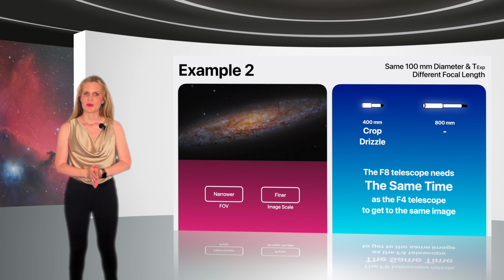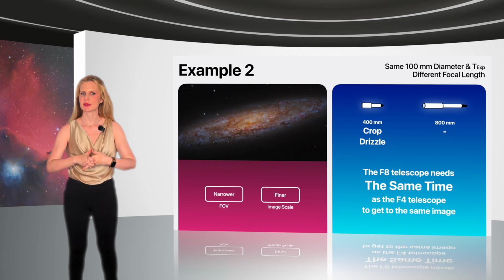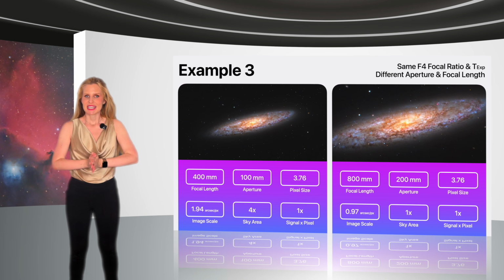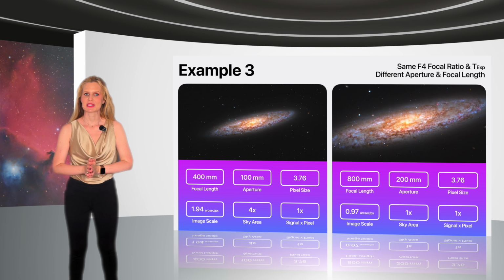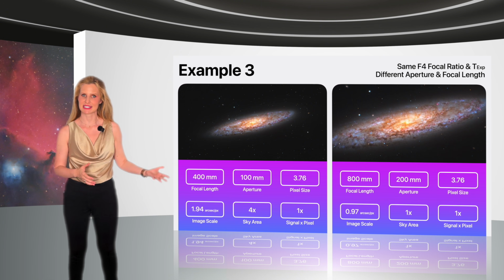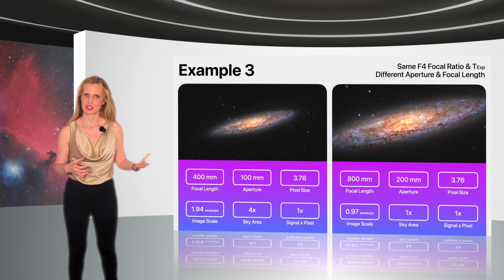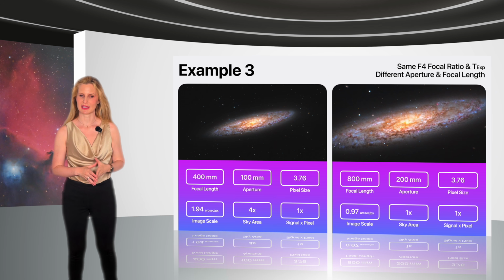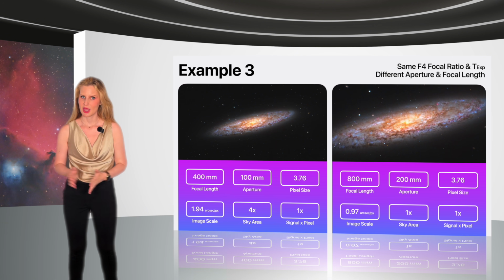We've already looked at what happens when we fix either the focal length or the aperture between two telescopes. Now let's see what happens when we keep the focal ratio the same. In this example, both telescopes have an f4 focal ratio, but they differ in size. One is a 100 mm aperture with a 400 mm focal length, and the other is a 200 mm with 800 millimeters of focal length, so 200-800.